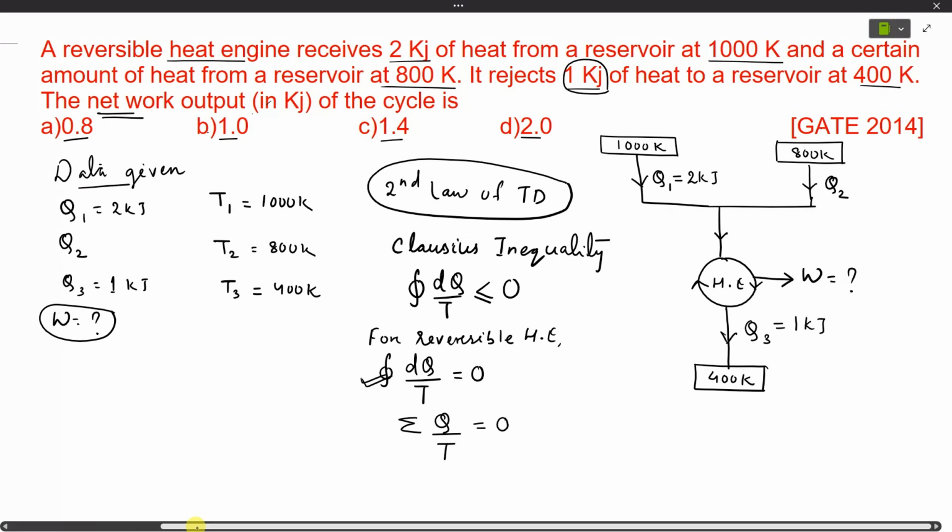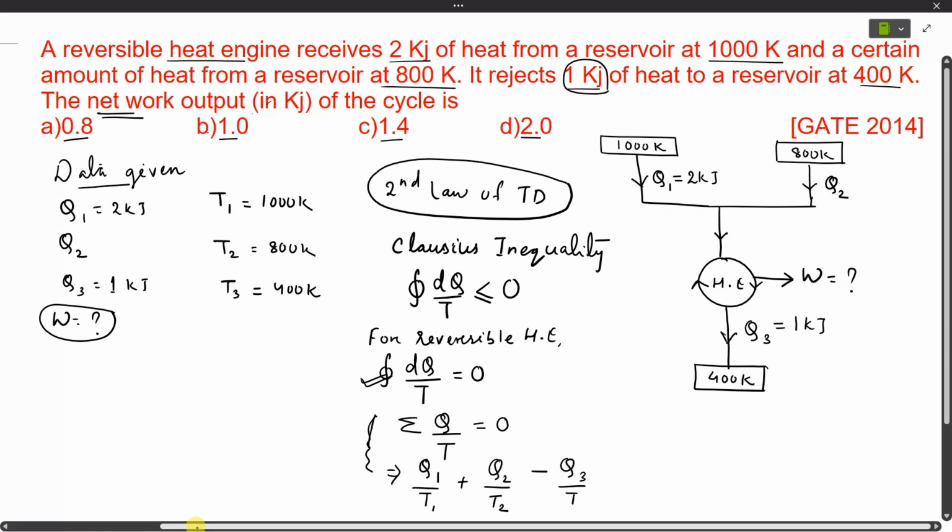So according to this expression, we can write Q1 by T1 plus Q2 by T2 minus Q3 by T3 is equal to 0. Here we use minus Q3 because Q3 is the amount of heat energy which is rejected by the heat engine.